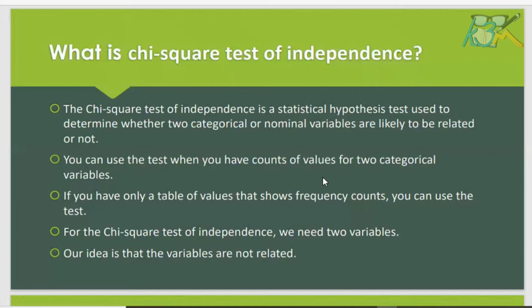So what do we need? So here, kung ano yung main na kailangan para magamit natin itong test na ito. So first, for the chi-square test of independence, we need two variables.